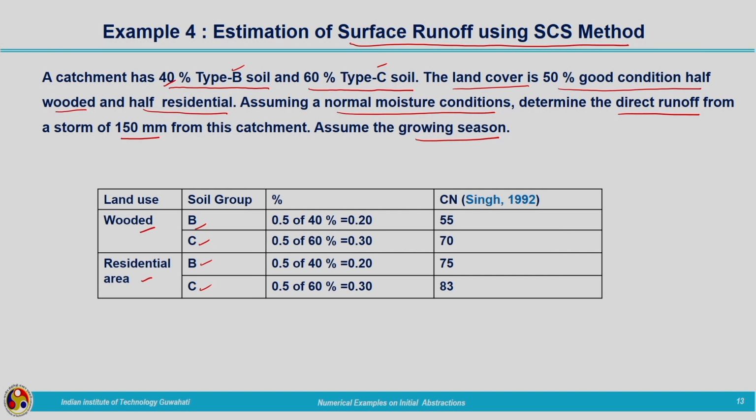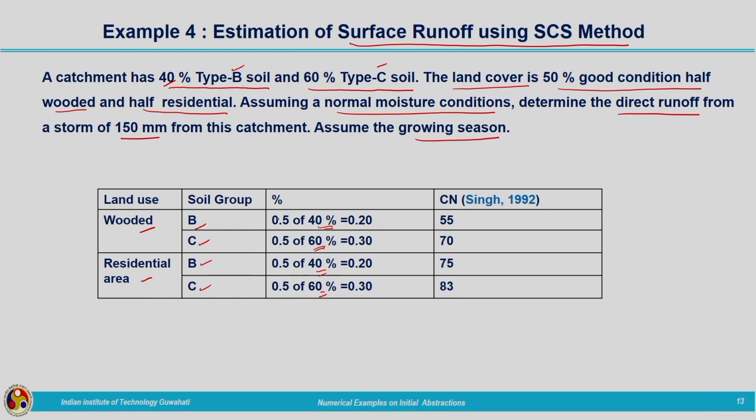Initially the catchment is 40% type B and 60% type C. So, type B soil is 40% and type C is 60%. That condition we will apply to both wooded land use and residential area. So, we need to find out the percentage of area.